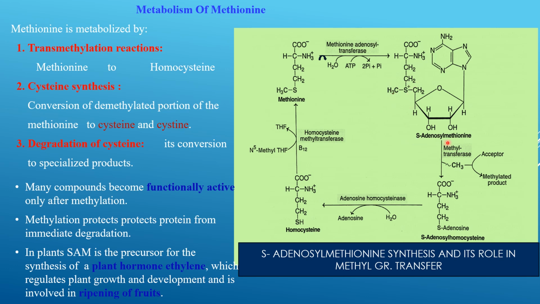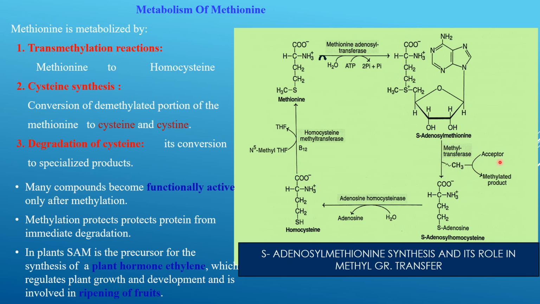S-adenosyl methionine is a donor of methyl group in various metabolic reactions and responsible for various biologically important products. We have seen this in many previous reactions in tyrosine metabolism and tryptophan metabolism. Methyl transferase is the enzyme which is responsible for transfer of the methyl group.